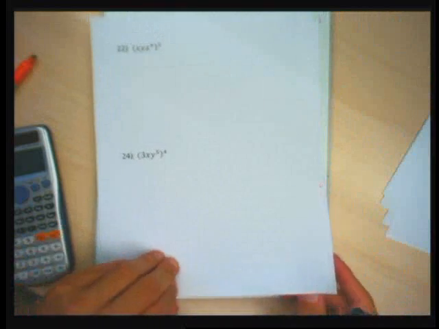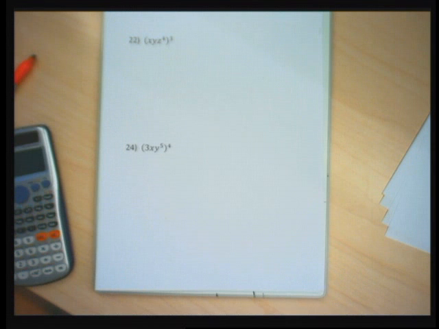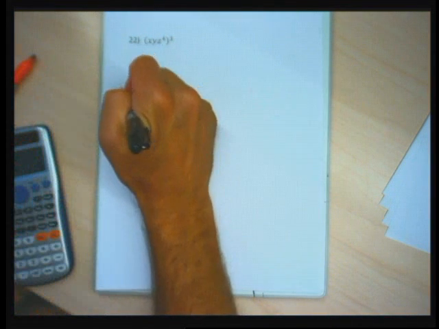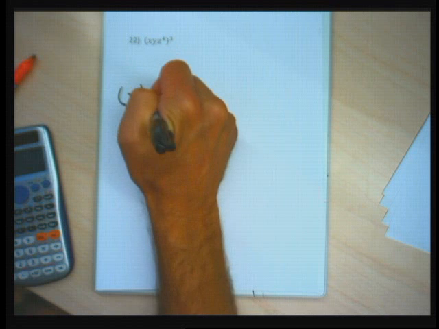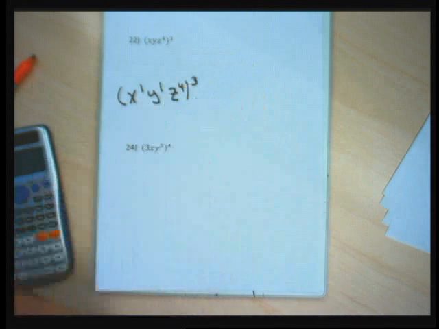22 and 24, since there isn't any adding or subtracting, I can multiply all the exponents by 3. If I wanted to on 22, I can consider this x to the 1, y to the 1, z to the 4th, all cubed.